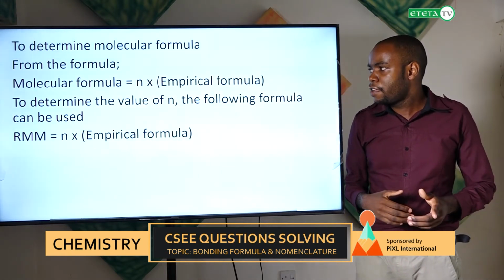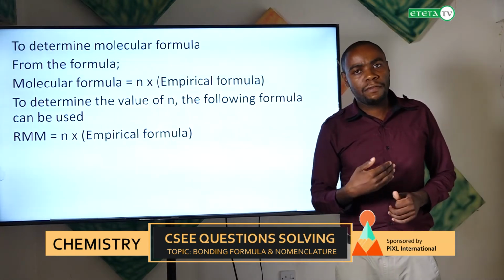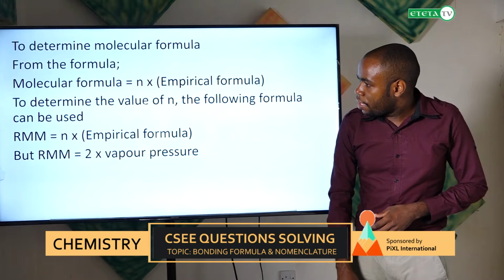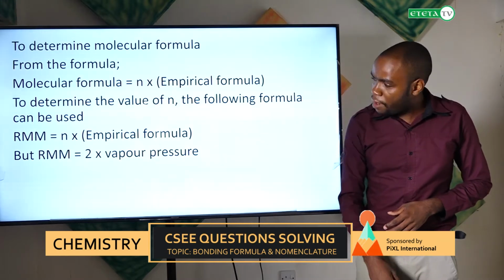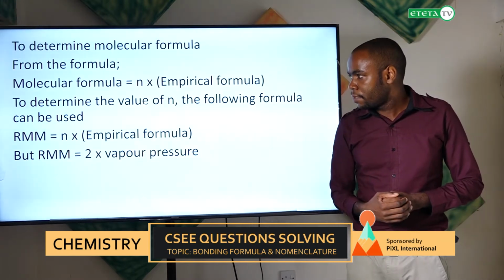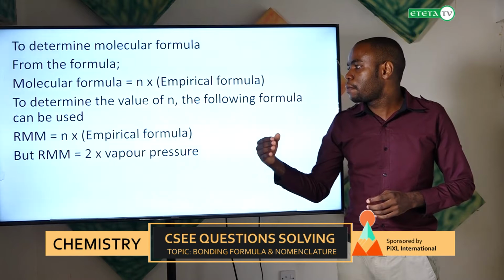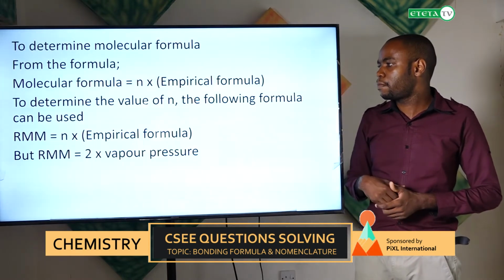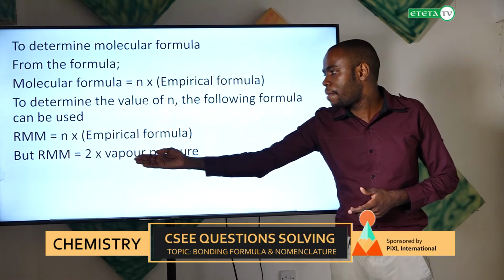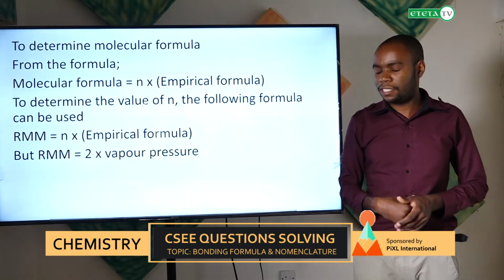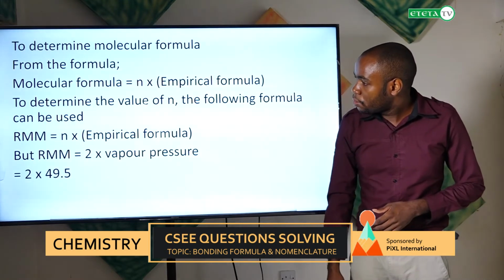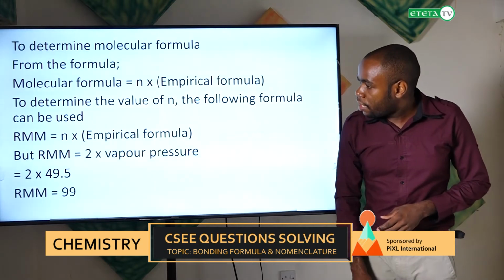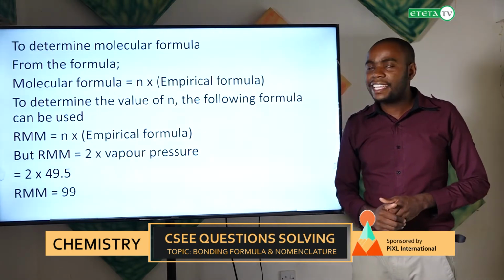From the question, you have been given the vapor density, so you have to find the relative molecular mass by using the vapor density. The relative molecular mass is equal to 2 times the vapor density, which is equal to 2 times 49.5. So the relative molecular mass is equal to 99.